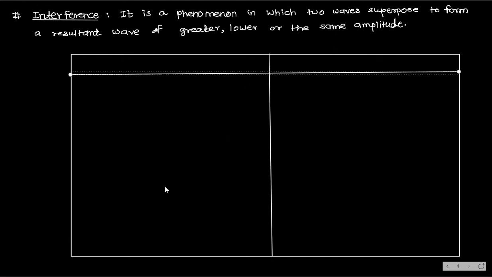So first one is constructive interference, and another one, destructive interference. You can make two columns like this. In the first column you can write constructive, in the other column you can write destructive interference.